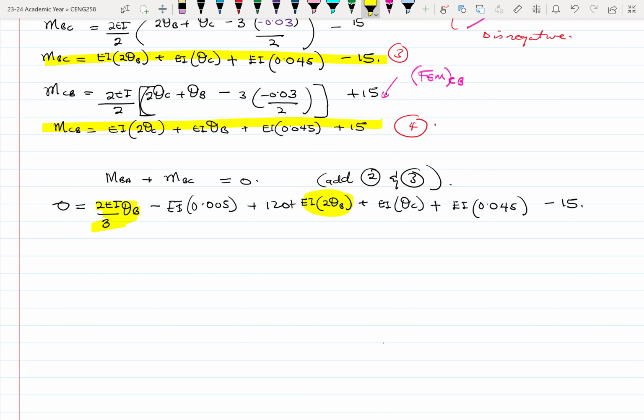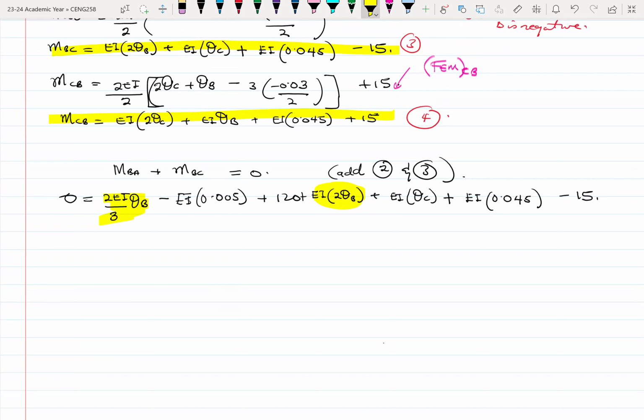So if we sum these two together, 2 over 3 plus 1 will be 4 over 3, right? No, 5 over 3, sorry. 2 over 3. Yeah, 5 over 3.